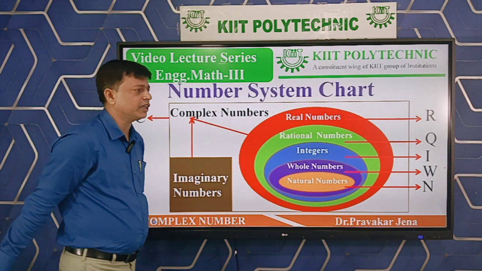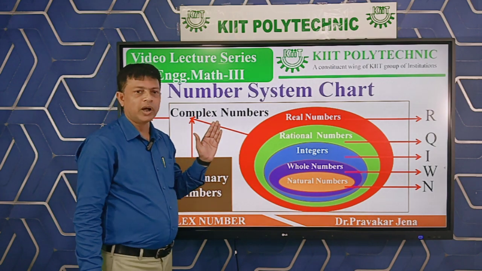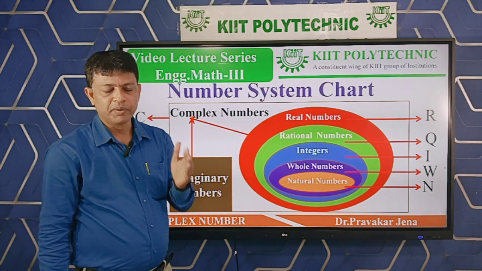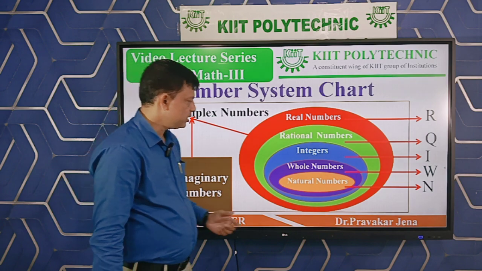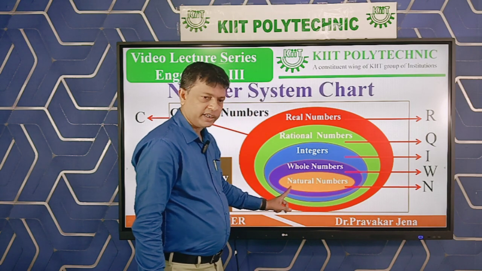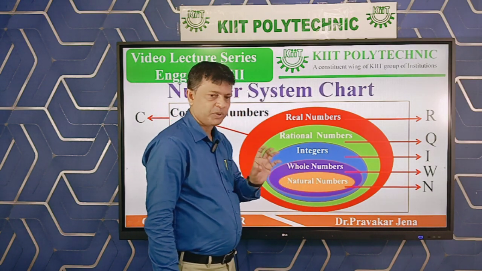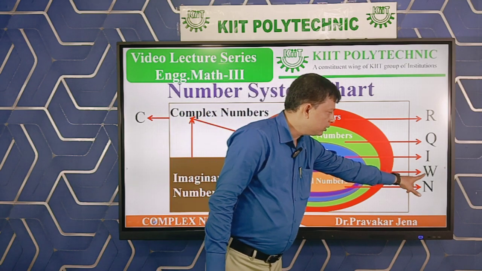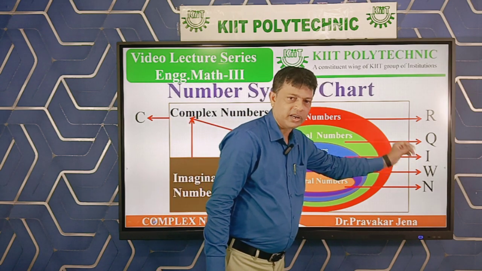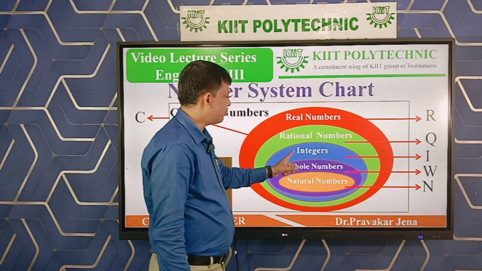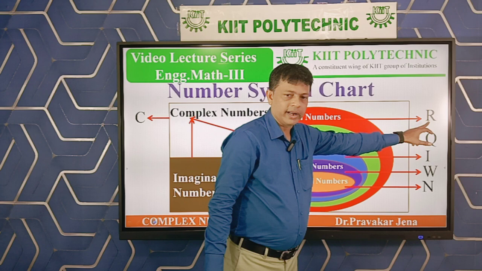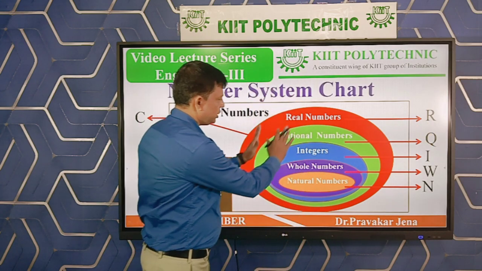After the completion of the complex number, this is the number system chart. I have already told you, up to the standard 10 level, everyone knows up to the real numbers. That means the natural numbers, denoted by N, starting from 1, 2, 3. Whole numbers, including 0, are denoted by W. Then you get integers, denoted by I or another letter, Z. After that rational numbers, denoted by Q. Then the real numbers, denoted by R. So this is what we know up to the 10th level.